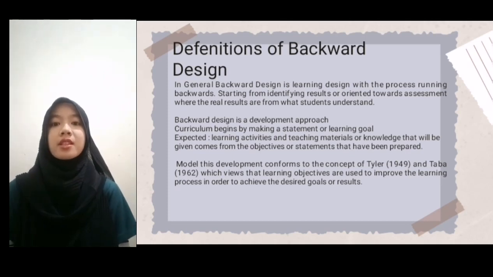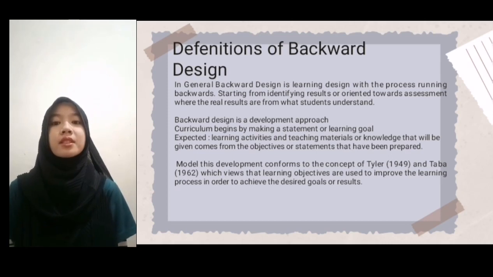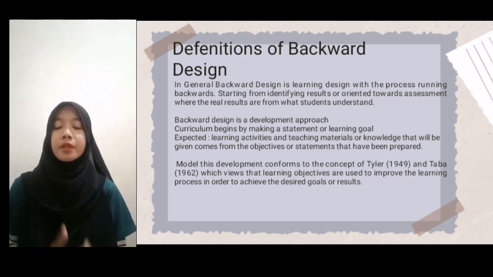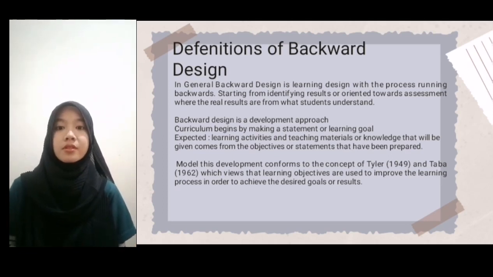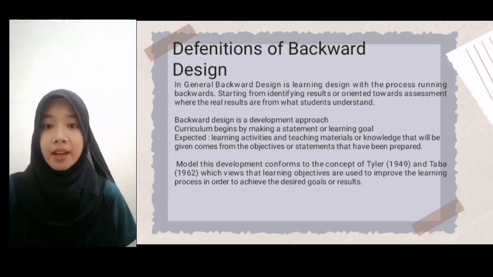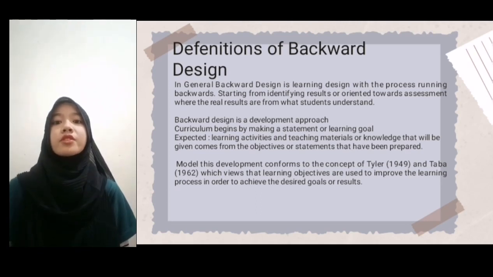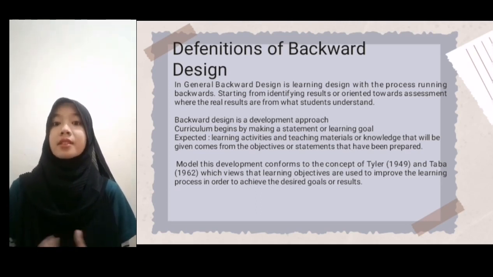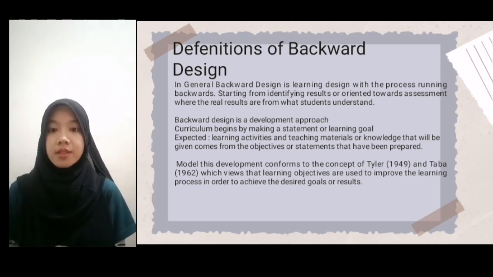Learning activities and teaching materials or knowledge that will be given come from the objectives or statements that have been prepared. This development model conforms to the concept of Taylor 1949 and Taba 1962, which views that learning objectives are used to improve the learning process in order to achieve the desired goals or results.